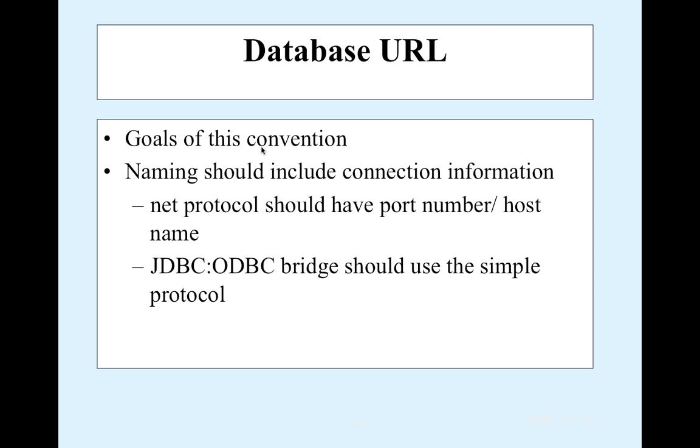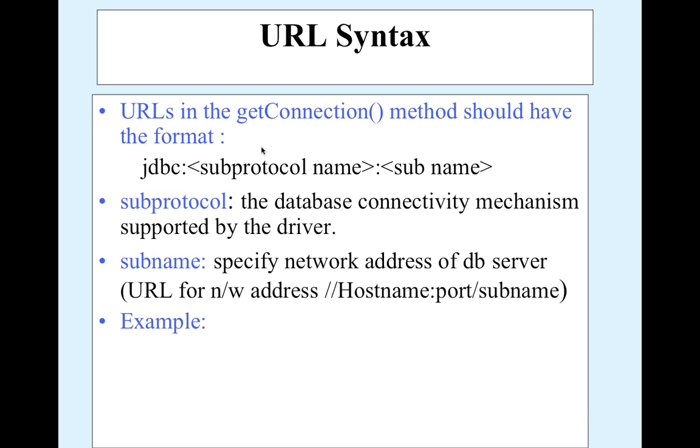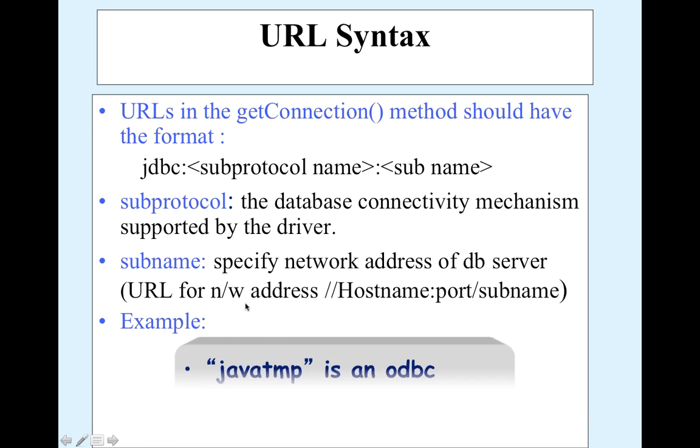The goals of this convention: naming should include connection information. A net protocol should have the port number and host name. The JDBC-ODBC bridge should use the simple protocol. It looks like this: jdbc colon protocol name and subname. The subprotocol name is the database connectivity mechanism supported by the driver, and the subname is the host name and everything.